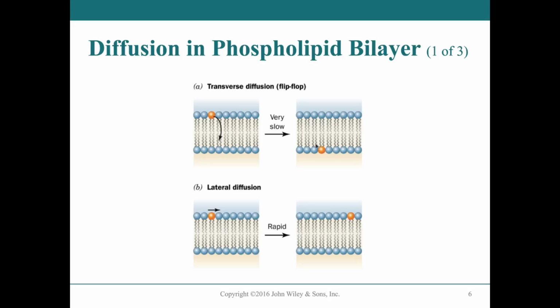This occurs spontaneously, but slowly, or it is facilitated by an enzyme called flipases. But this is a non-active type of transport. You don't have to spend ATP for this type of movement, and that is why it's also very slow, because the movement is generally energetically unfavorable.